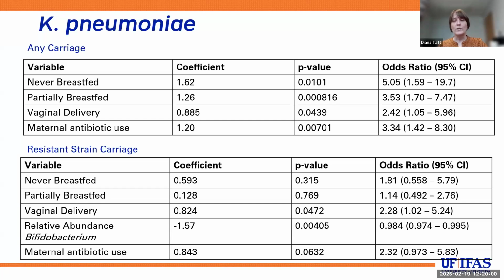And we didn't hold on to the significance when you were looking at just the resistant strains, but that may reflect the fact that what strain did an infant happen to be exposed to? Was it resistant or not? Because our non-resistant Klebsiella pneumoniae were then grouped in with our non-carriers. So that may explain why that model changed as much as it did.